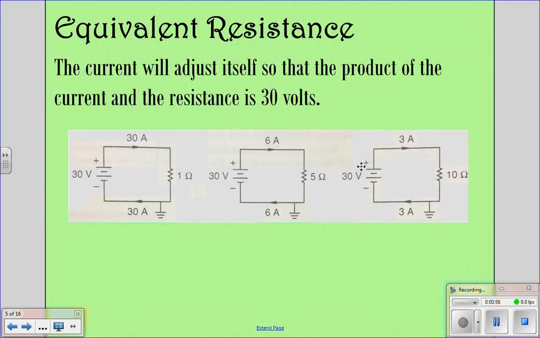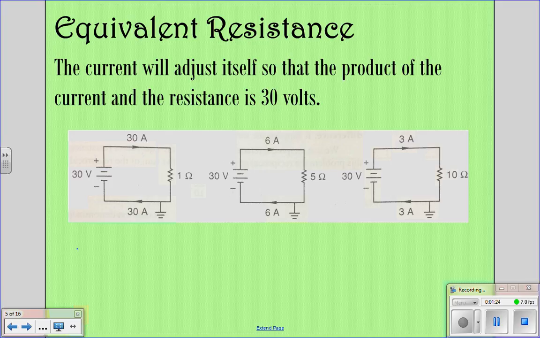So if we look at these three pictures, if our R is a 1, like in the picture on the left, then the current is going to be 30 amps. If the R is a 5 ohm, like here, then the current will be 6 amps. And then if the R is a 10, then the current will be 3.